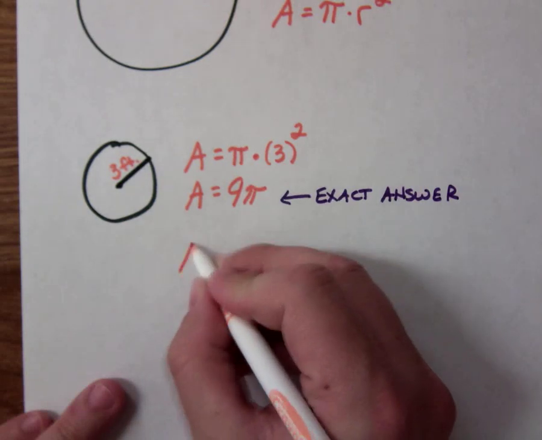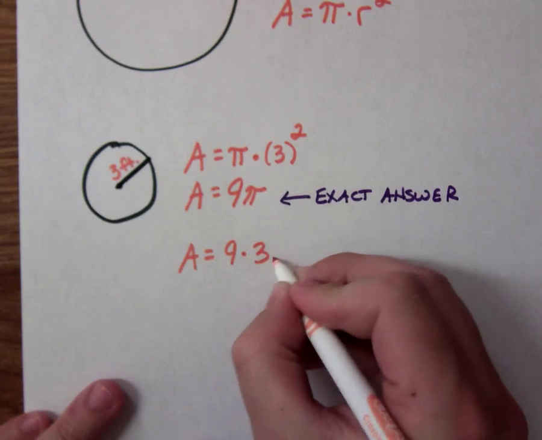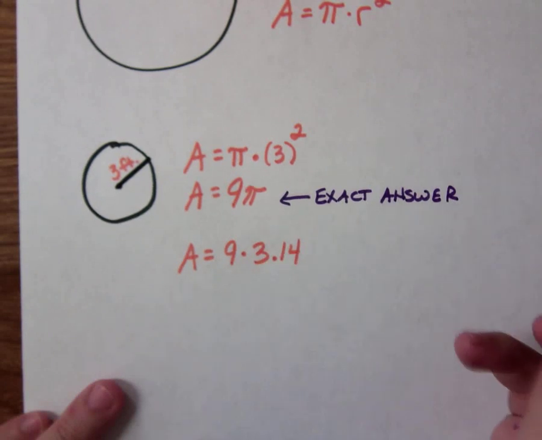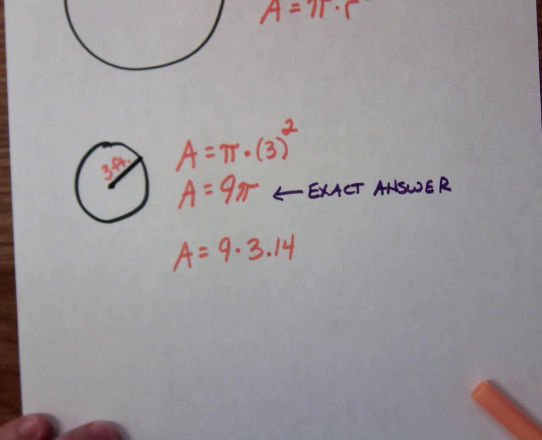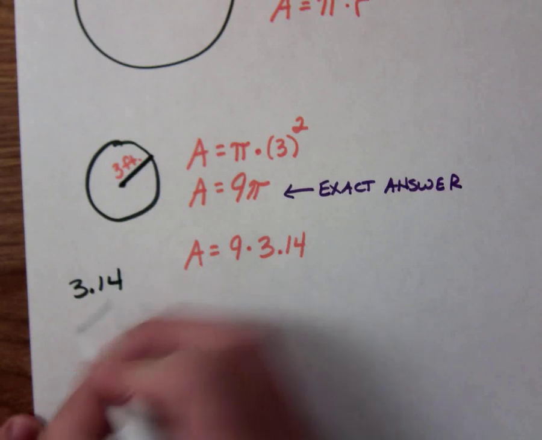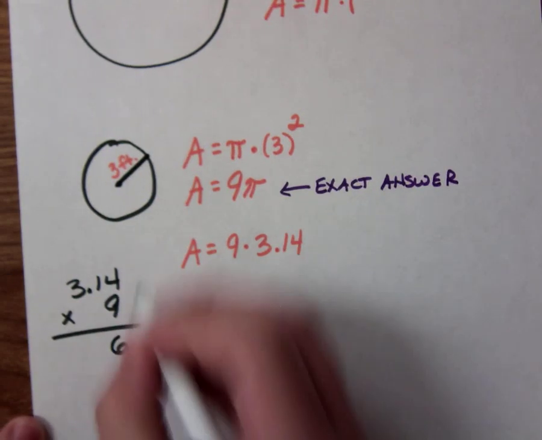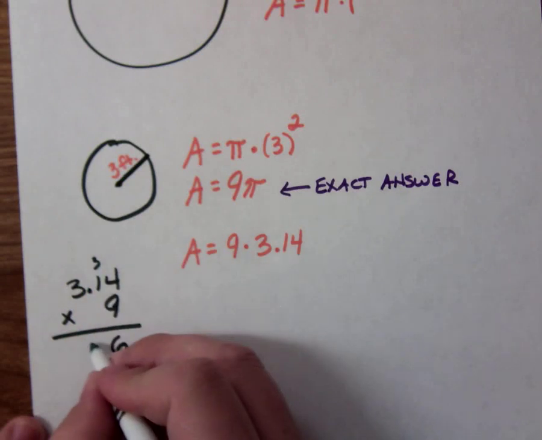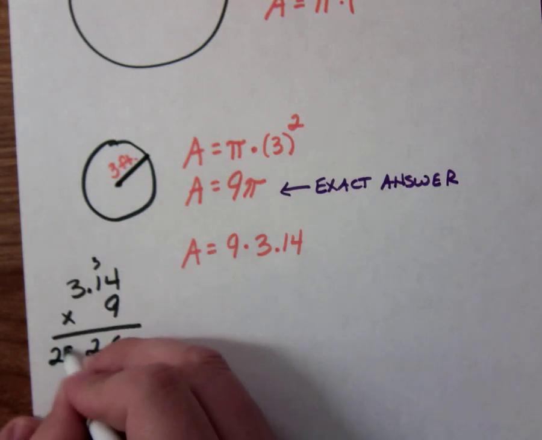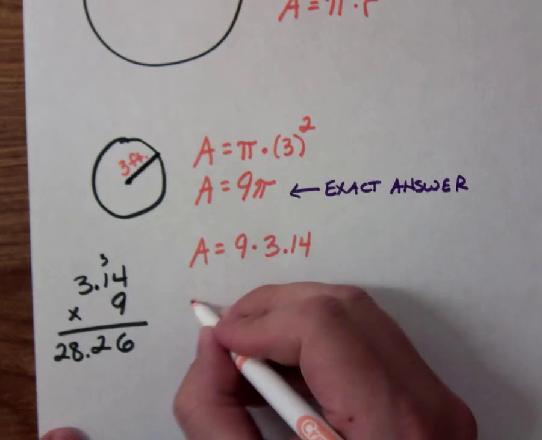However, if I wanted to estimate the answer, like an actual number, I could multiply the 9 times 3.14. Remember, 3.14 is not pi, but it's a pretty decent estimate. So let's do 3.14 times 9. Got a calculator, definitely check me. I mess up all the time. 28.26.